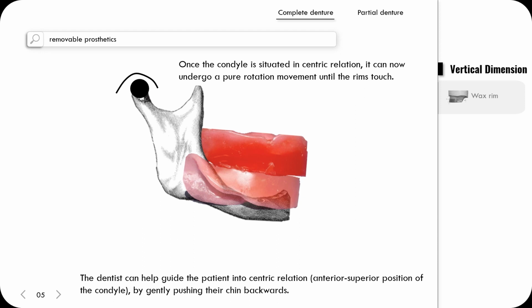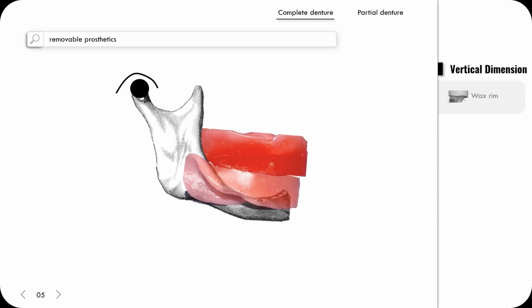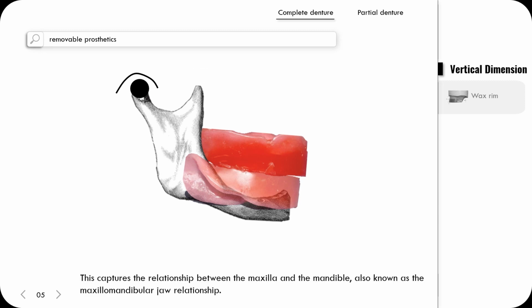So this is how you obtain a patient's jaw relation record, how the upper and lower jaw come together. And it's important to get a repeatable position for this closure, because at each subsequent appointment that the patient comes, we're going to repeat and try to verify that the bite is correct.